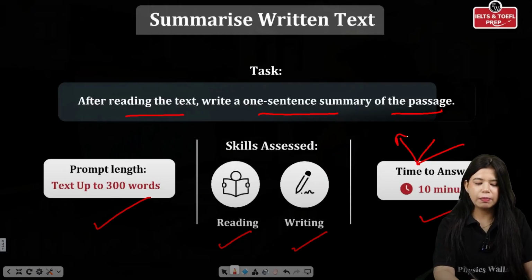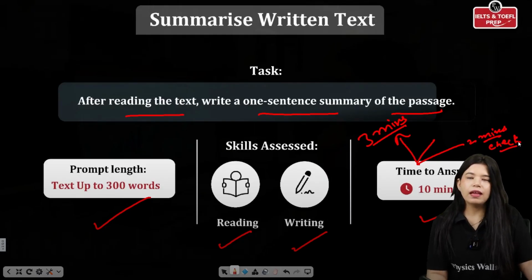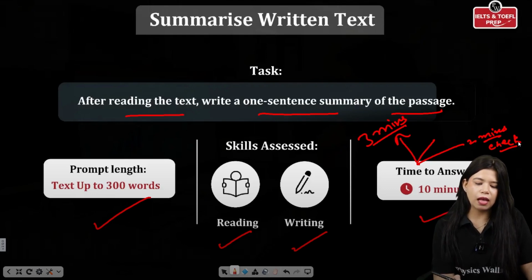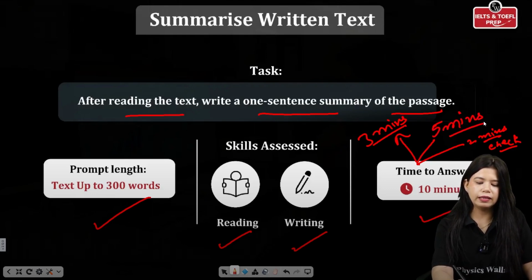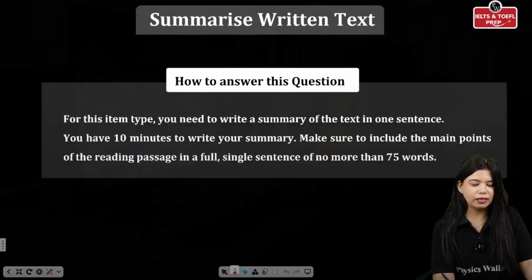Take about 3 minutes to understand the passage thoroughly, and last 2 minutes check your work, see if you want to change any spelling, any connector, anything that went wrong and you want to correct that. And that is how you will be left with 5 minutes in your hands to write that one single sentence where your score depends.